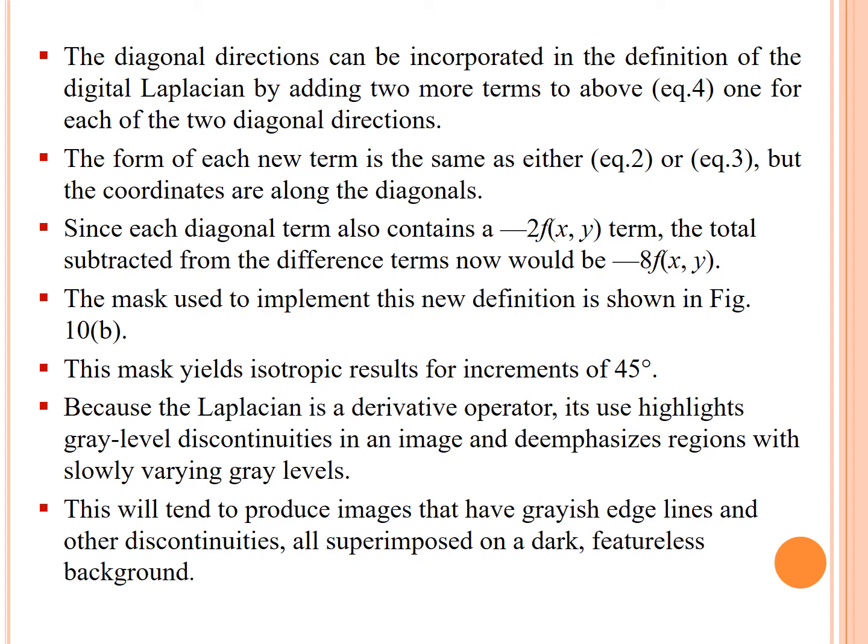Since each diagonal term also contains a minus 2 f(x, y) term, the total subtracted from the difference term would now be minus 8 f(x, y). The mask used to implement this new definition is shown in figure 10b. This mask yields isotropic results for increments of 45 degrees.